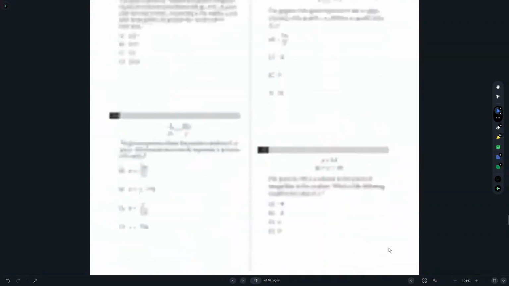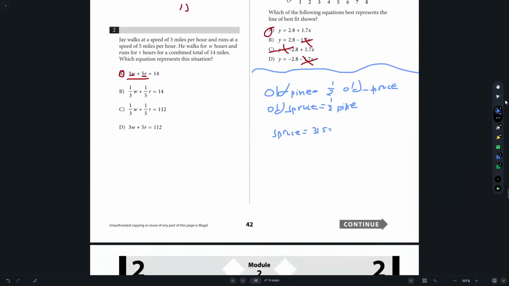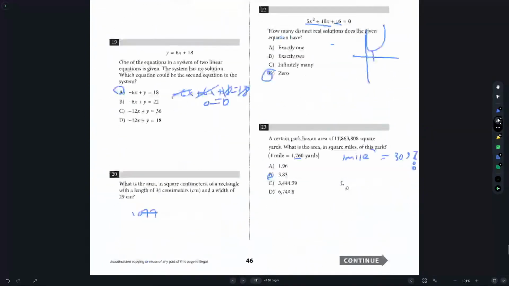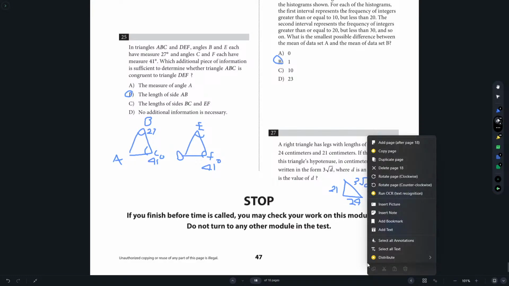Okay. I'm going to get some more water, and then I'm going to look at the pine tree question again. Let me see if I can just put it on a new page. Here we go.